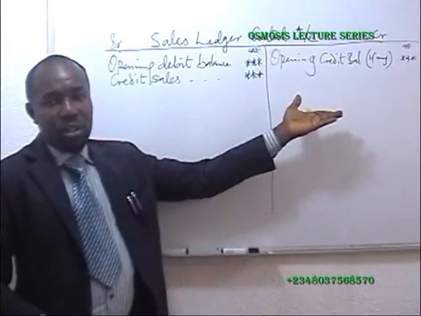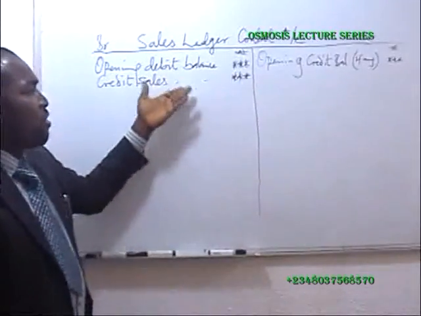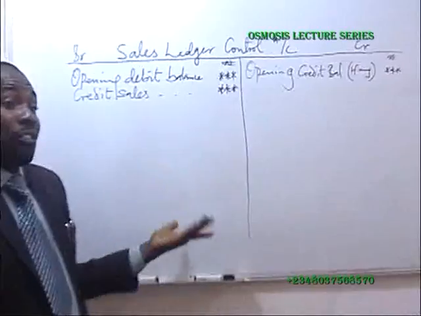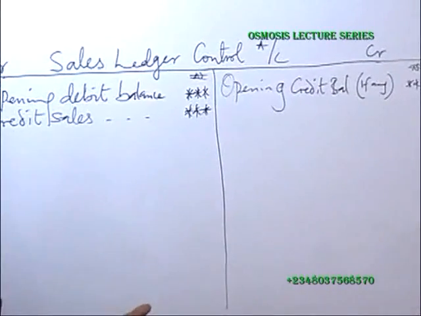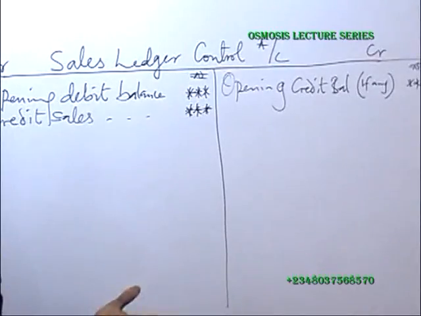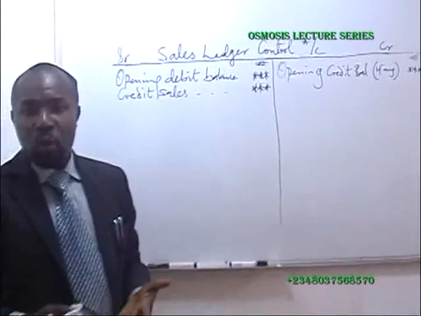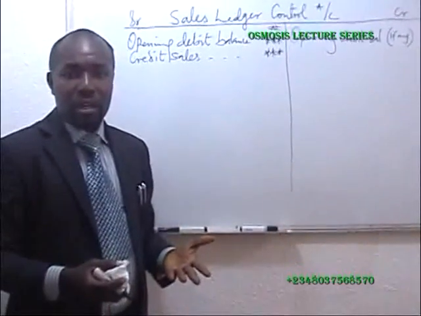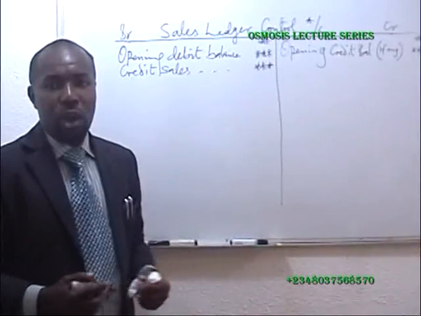Are you following? Now, apart from that, another thing is that these debtors will definitely pay. They may pay you in cash, or they may pay you by cheque. So we now say cash and cheque received from customers.